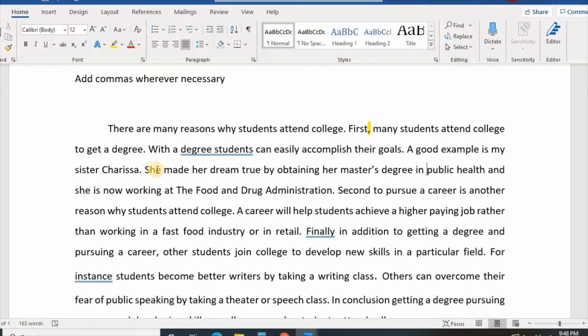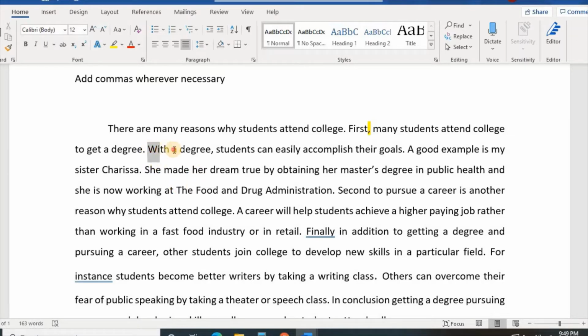With a degree, students can easily accomplish their goals. We also learned that we need to add a comma after introductory phrases. With a degree is an introductory phrase, so we need a comma after this phrase. Now, in the previous video, we learned some examples about introductory phrases, and I believe we talked about gerund phrases.